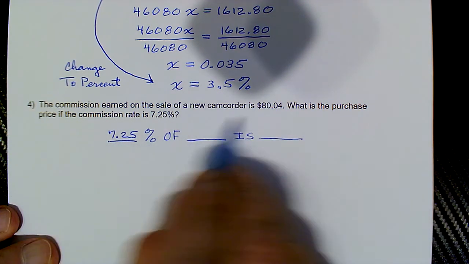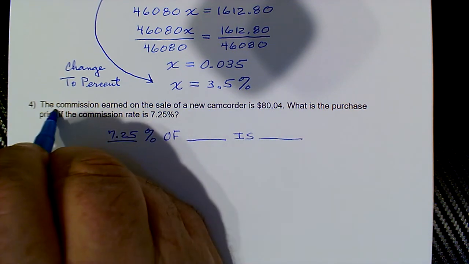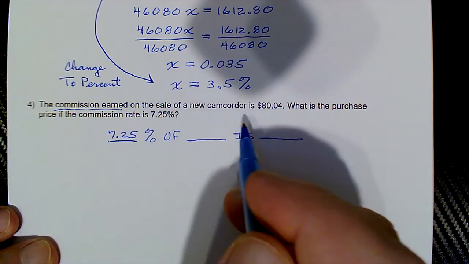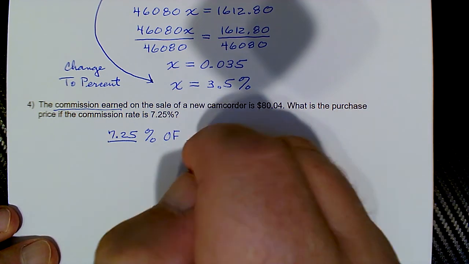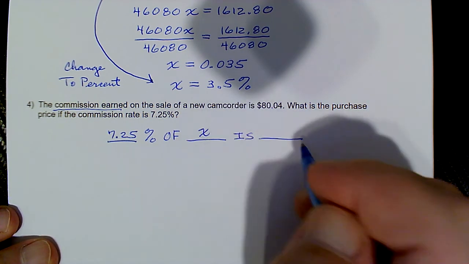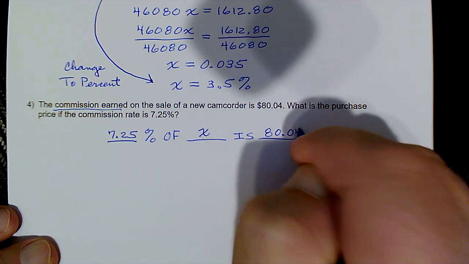Let's see what this $80.04 represents. Oh, that's the commission earned. That's not the purchase price. We're looking for the purchase price. So the purchase price is the unknown. That's going to be X. And the commission that's earned is the part, $80.04.